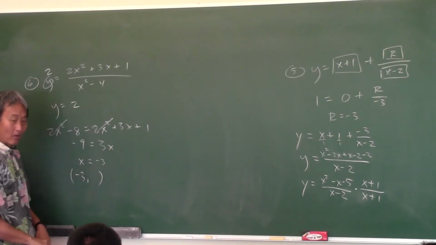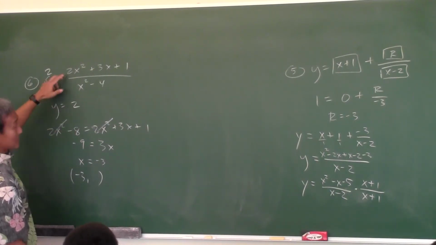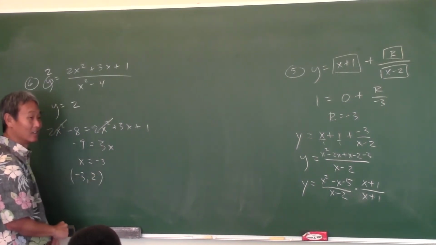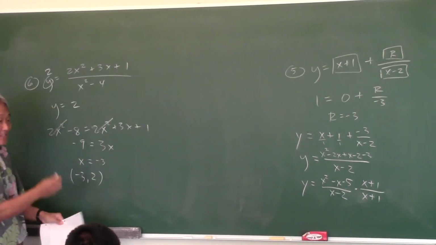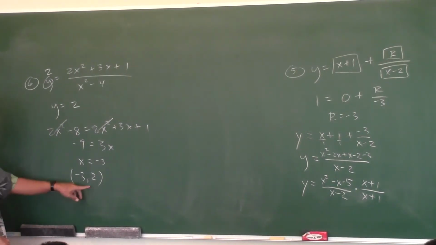How do I figure out the y coordinate? Plug it into this one or that one. Doesn't matter. I think I prefer that one. 2. Well, duh, if it's going to cross at the horizontal asymptote, doesn't the y coordinate have to be 2? Okay, if you don't trust me, plug the negative 3 in there. I bet you get 2.